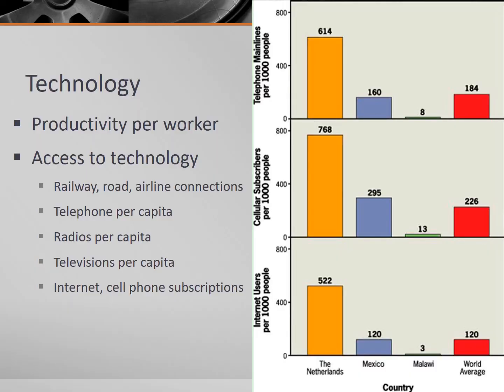Technology is sometimes lumped into the discussion about economic indicators of development. Things like productivity per worker can be examined by adding up the production over the course of a year and dividing it by the total number of persons in the labor force.